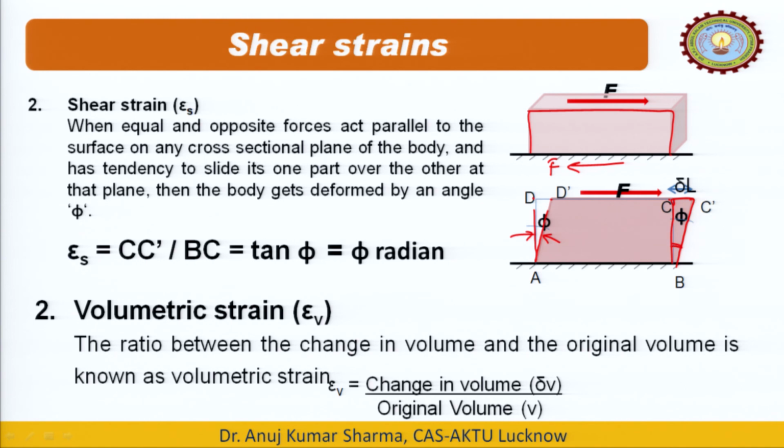If we apply tan phi, tan phi is equal to perpendicular upon base. The perpendicular is delta L, or CC dash, and the base is BC. So CC dash upon BC is equal to tan phi. For a very small value of phi, tan phi becomes almost equal to the angle phi.